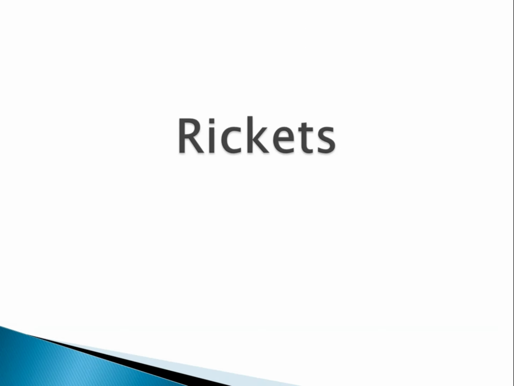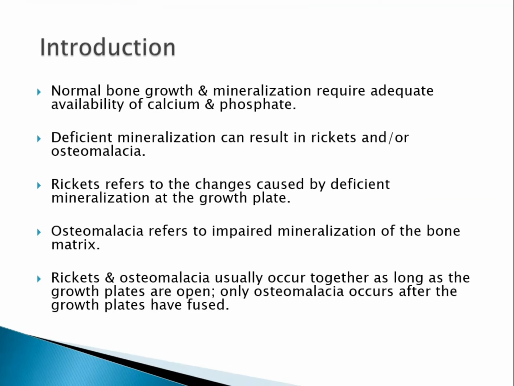So these are the deficiencies of vitamin D. The first condition is rickets. First of all, the introduction to rickets: basically it is a condition that arises due to the deficiency of vitamin D in children.